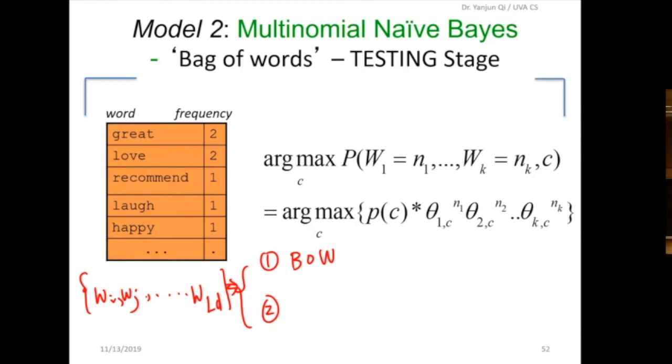I don't even need the bag-of-words representation. It's just P(C) times P of the first word I met, times P of the second word I met, times P of the third word I met, until the last word I met, the L-th word of document D.